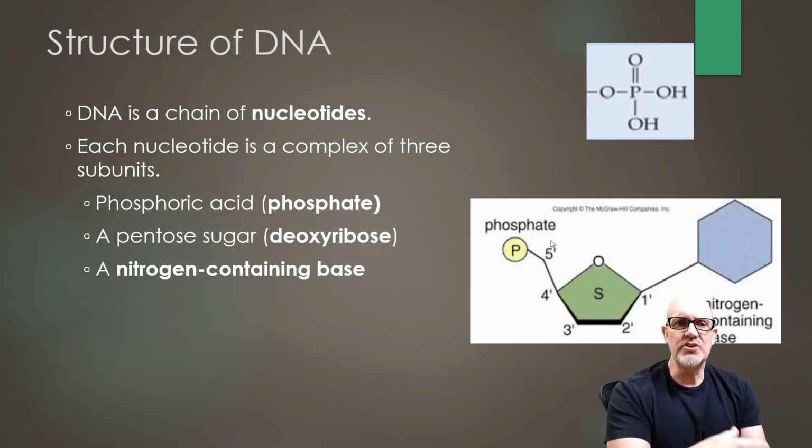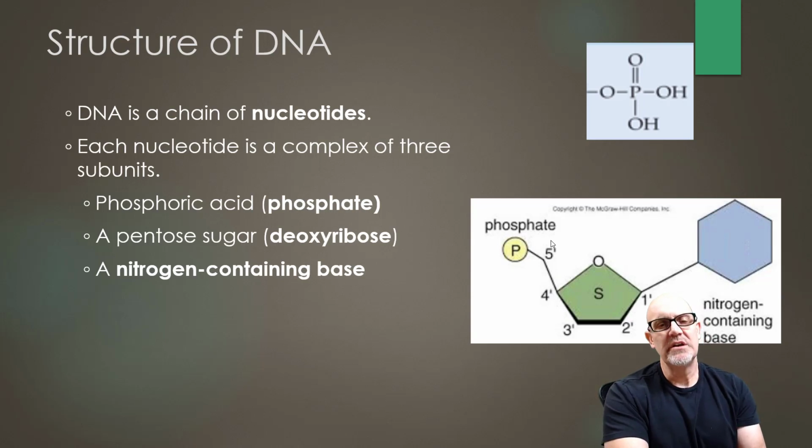It has a sugar group, a pentose sugar, which has carbon in it. And it has a nitrogenous base, because the nitrogenous base has nitrogen. That's the fundamental part of that particular base as well. So those are the 3 chemical molecules that are used in a nucleotide.